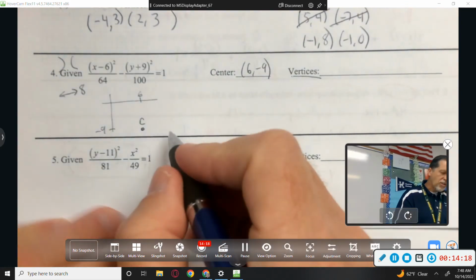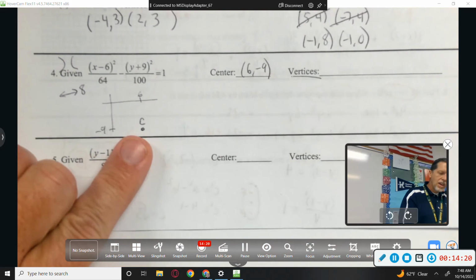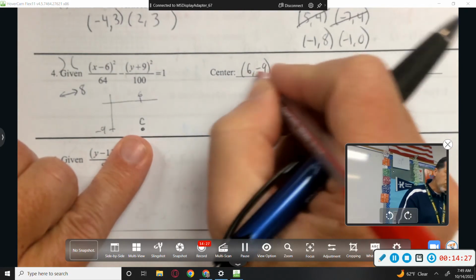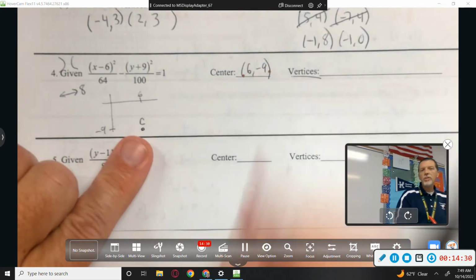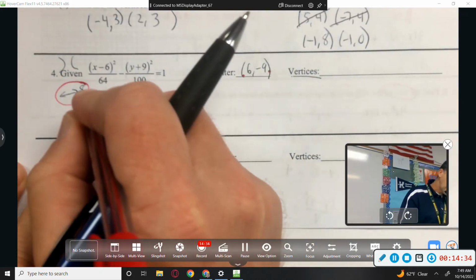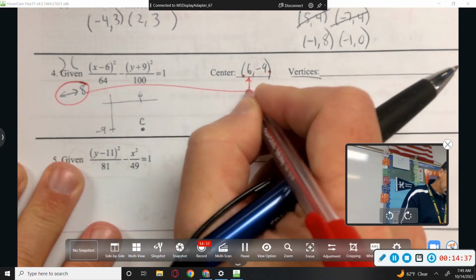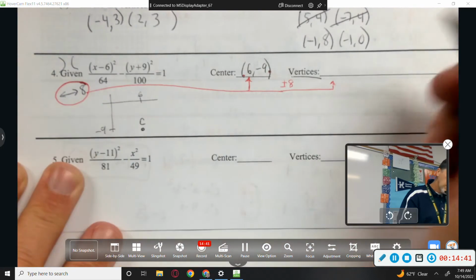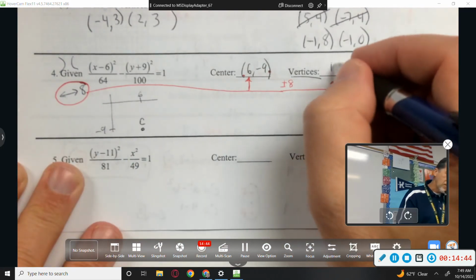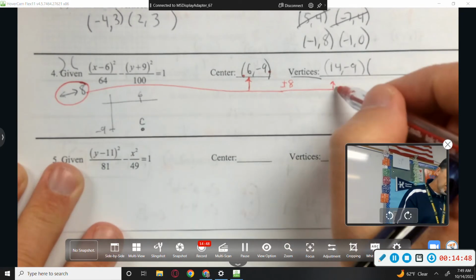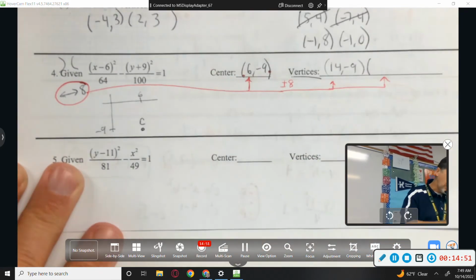So you can sketch them out, or you can think 8 left and right. This gets to what I said we would probably try to avoid, but we're going to do it anyway here. Which coordinate do I need to adjust if I'm going to go left and right? 8. The x one. So 6 plus 8 is 14. 6 minus 8 is -2.